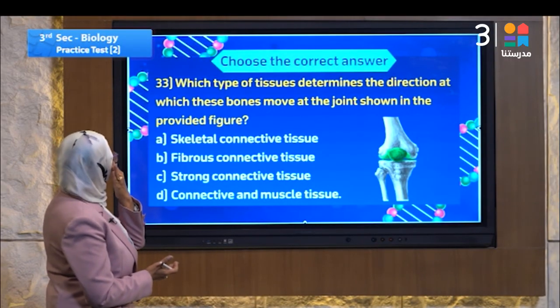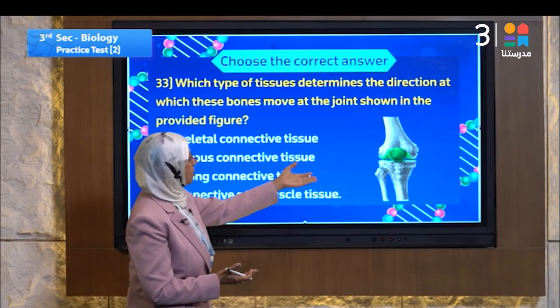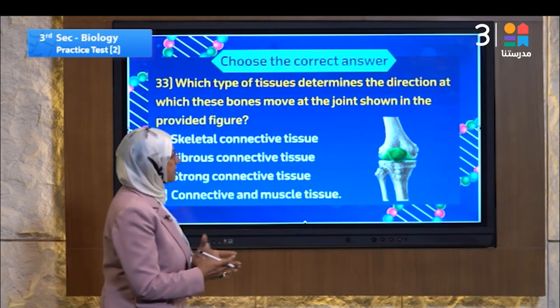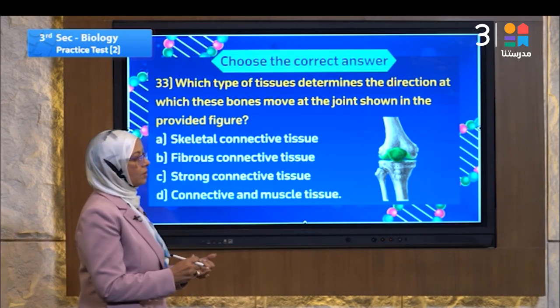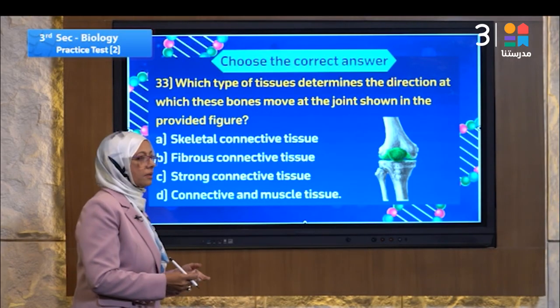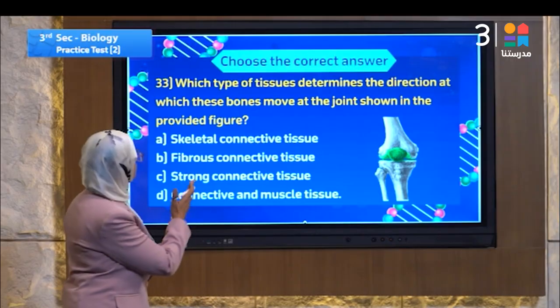Number 33, we speak about these parts of bone. This part of bone contains many structures. Some of them are bone, some of them are ligaments, and some of them are cartilage. Let's read the question.